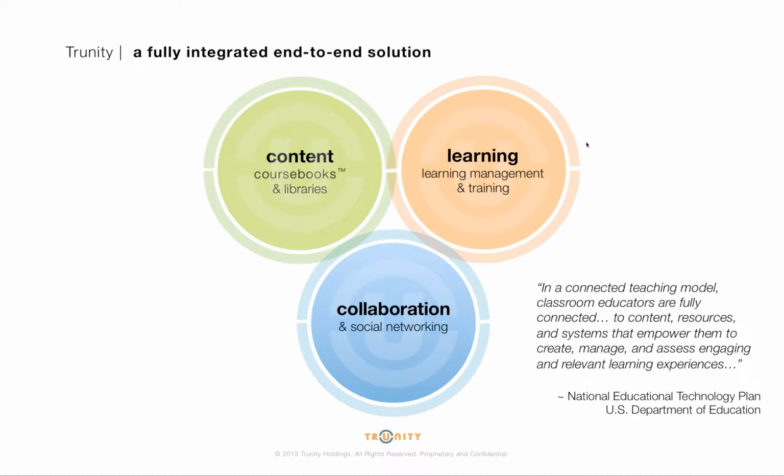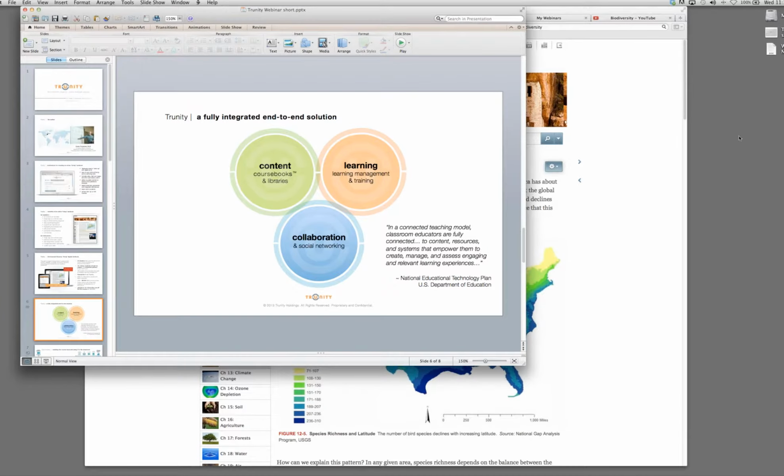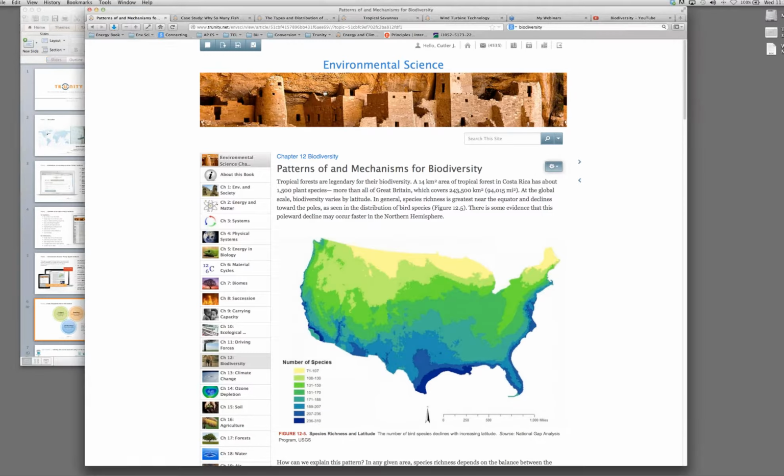And third, collaboration, a social networking capability, the ability, within a closed class environment, to send student to student and faculty or instructor to student communication, commenting, forums, and the like. So with that overview, let me now proceed to actually show you the book.